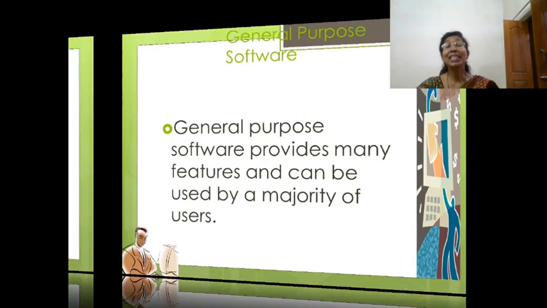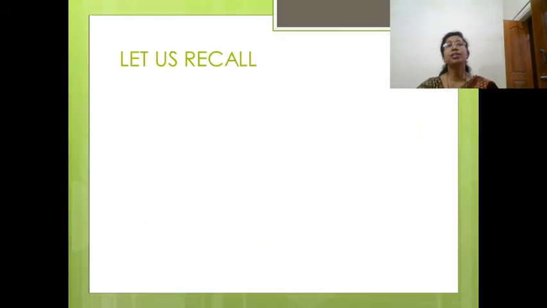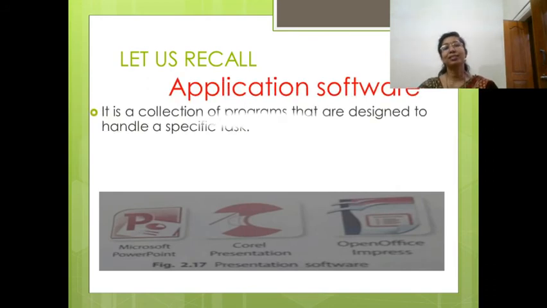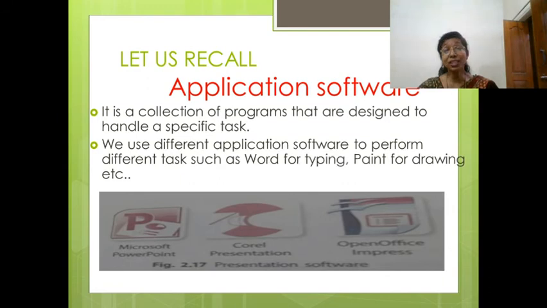Now let's have a quick revision of what we have studied today. We studied about application software. What is an application software? It is a collection of programs that are designed to handle a specific task.